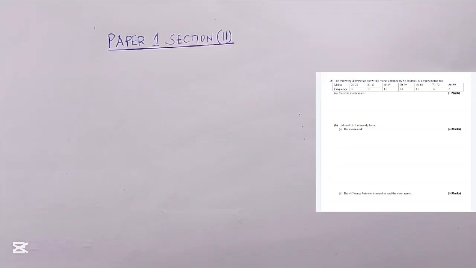The question reads: the following distribution shows the marks obtained by 82 students in a mathematics test. So the marks are as follows.